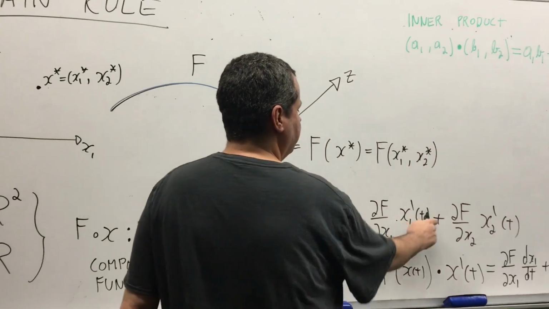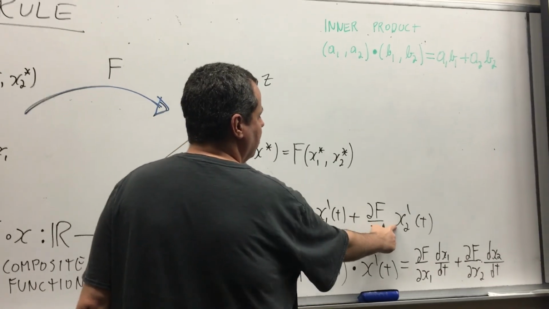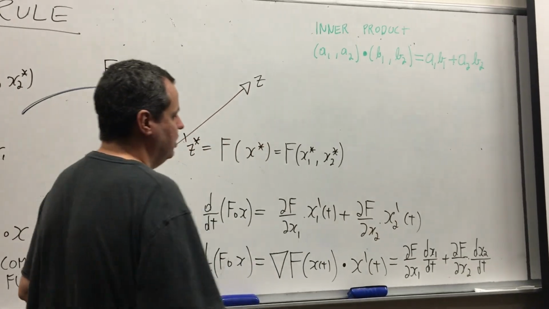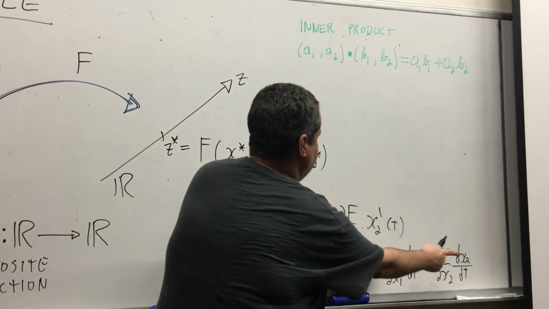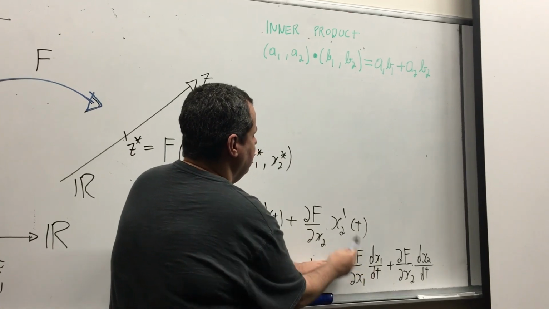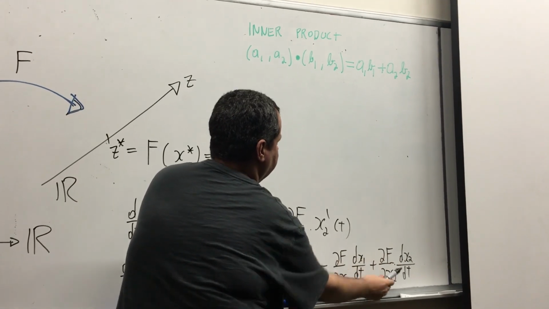This is a product plus the partial derivative of F with respect to x2 multiplied by x2 prime, the derivative of x2 in terms of t. Okay? You can write this formula like that. So instead of using x1 prime, you write dx1 dt. Instead of using x2 prime, you write dx2 dt.